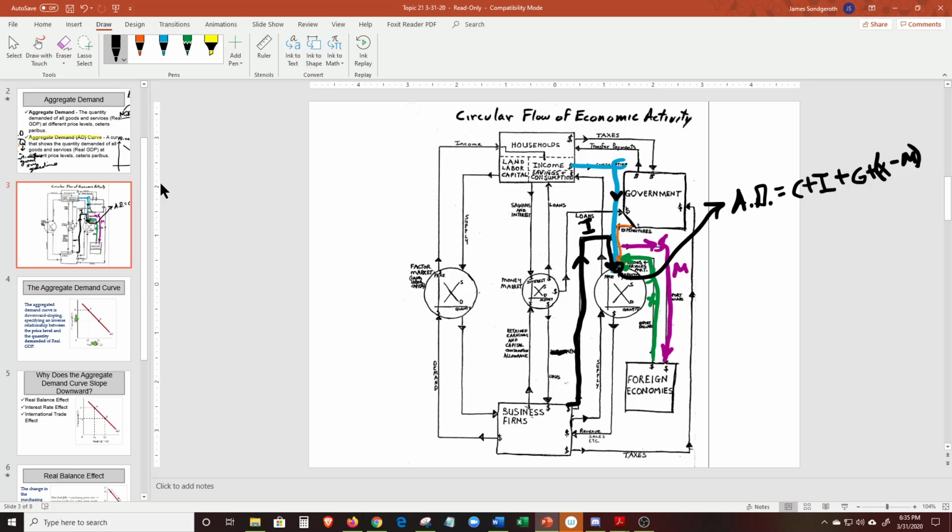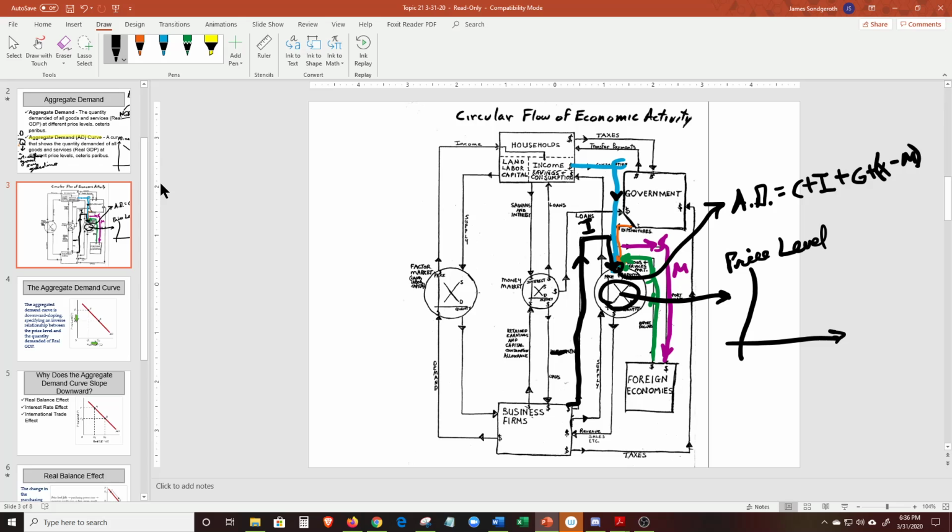And then right here, this is a micro one. We're going to have to change that to a macro version of a market. And instead of price per unit, we're going to have a price level.